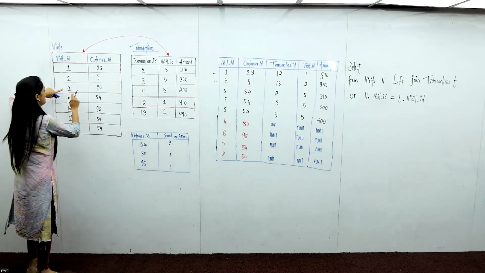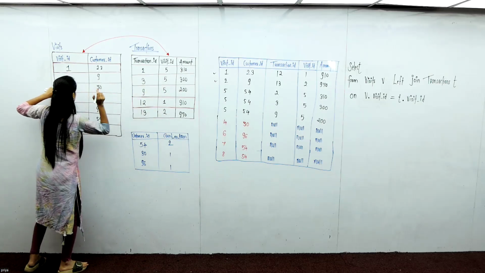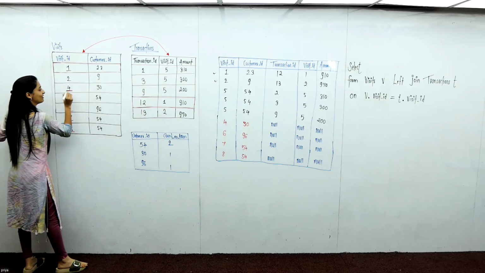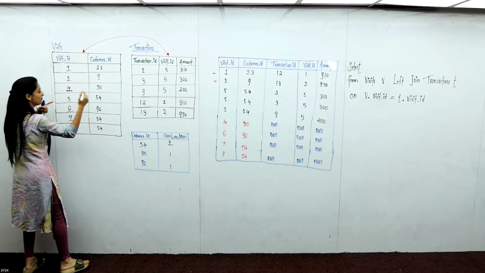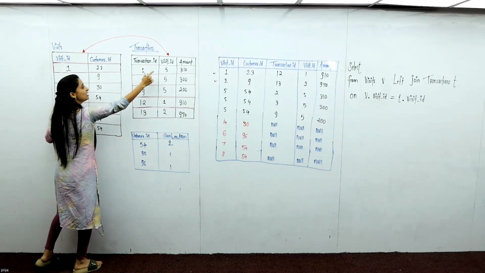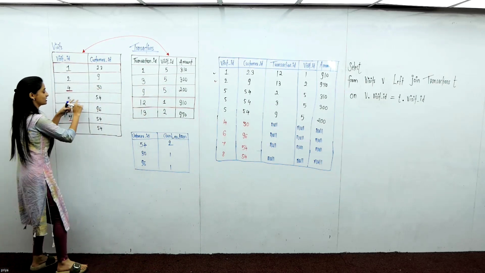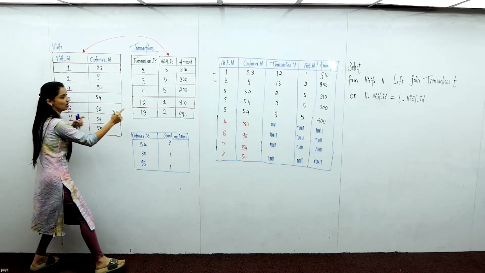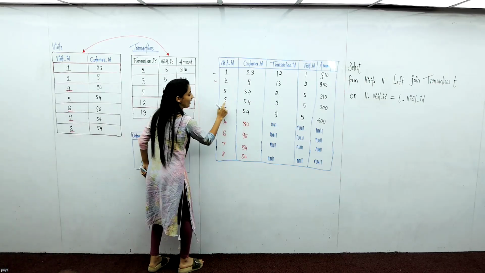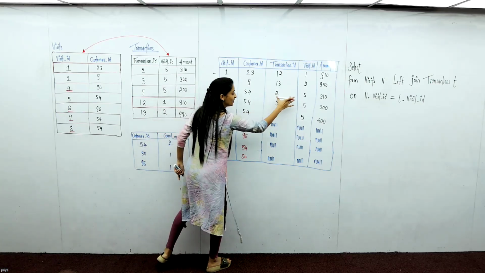Now next, is 4 matching anywhere? No, leave it. So 4 does not have any match. Is 5 matching anywhere? Yes. 5 is matching with 3 different records, so you see 5 and 54 repeated three times, because it is matching with 3 different records.